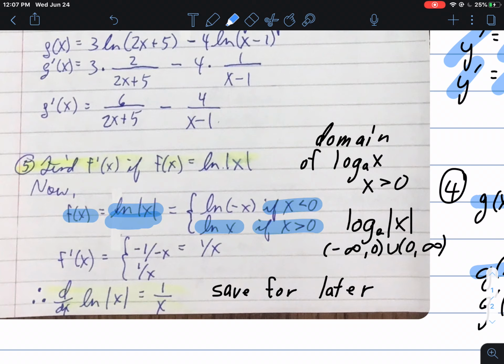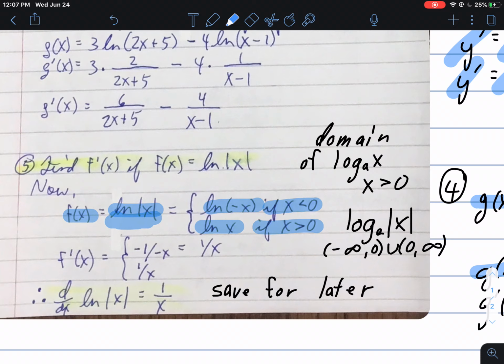The absolute value forces that to be ln of 3, which is the opposite of what you plugged in. That's the discussion we had back when we were dealing with limits, and we talked about one-sided limits and all that stuff. But ultimately, I'm really just interested in you knowing the outcome of this, but I've explained why it is what it is.